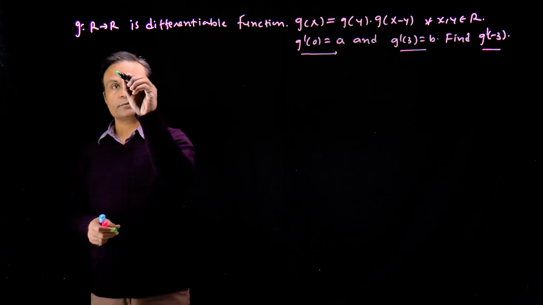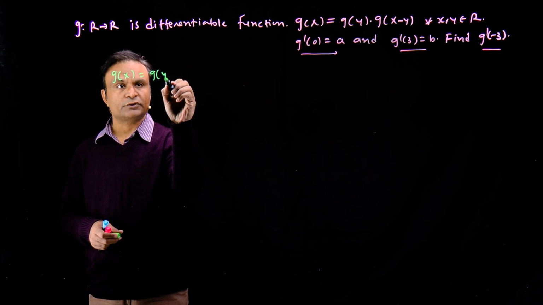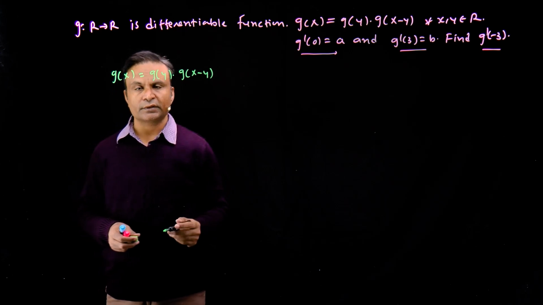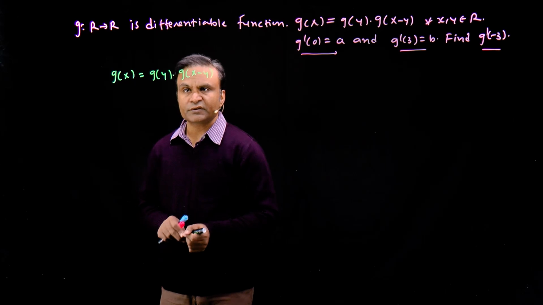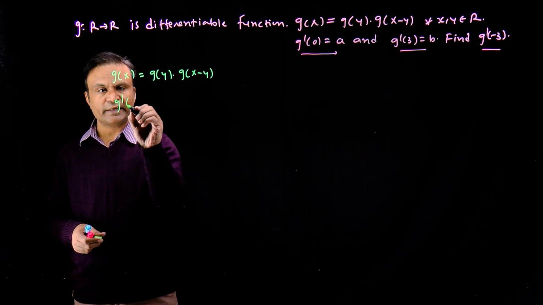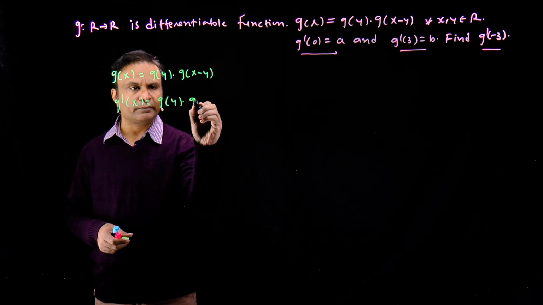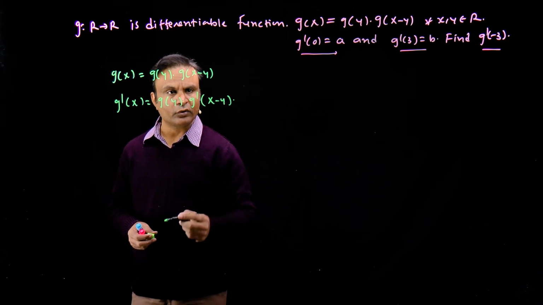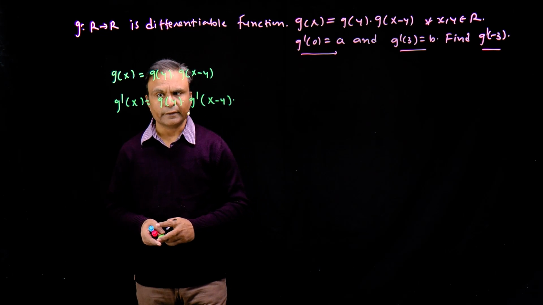We have the given relation g of x is equal to g of y multiplied by g of x minus y. Now let's differentiate this with respect to x keeping y as constant. So I get g dash x is equal to g of y multiplied by g dash of x minus y. The derivative of x minus y is 1. Okay.